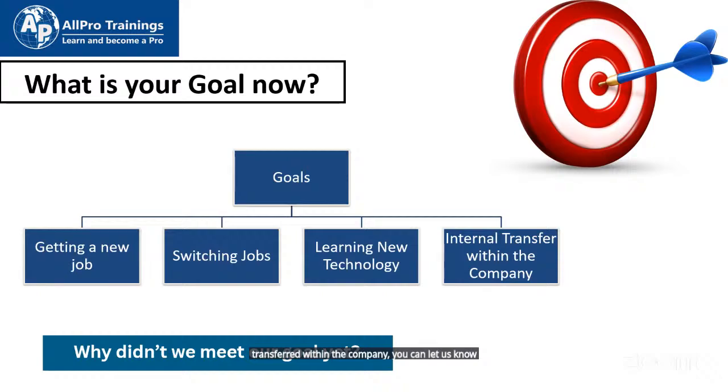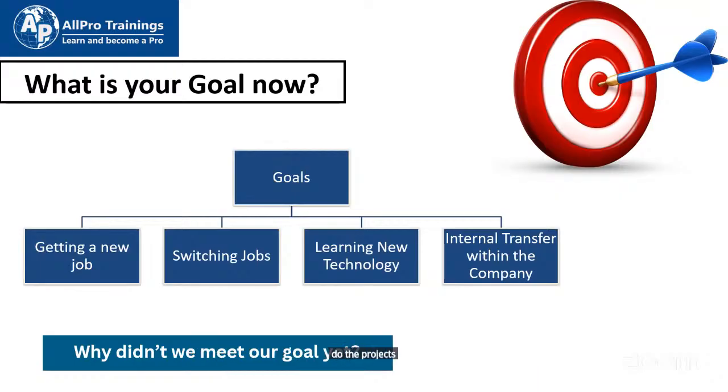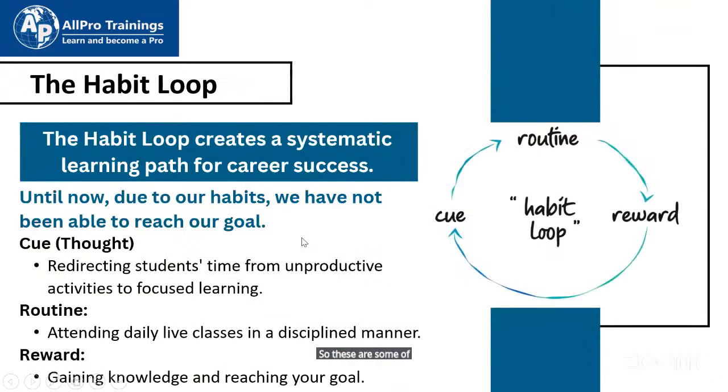After 50% of the course, we give individual attention to your goals, and the trainer and team will guide you on how to prepare your resume, how to go about the certifications and how to do the projects so that it helps you in attending interviews. Every day there will be a routine, and a habit loop has to be formed.